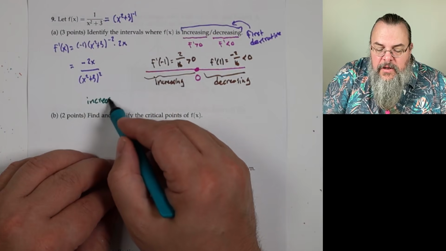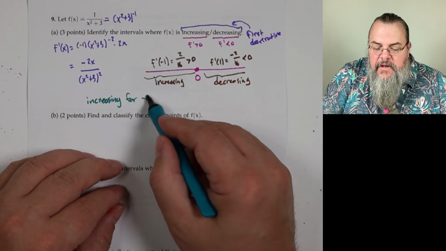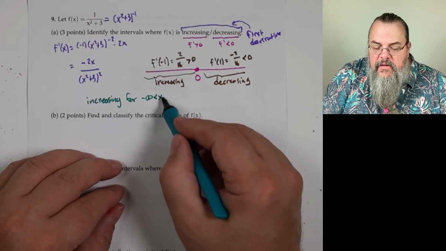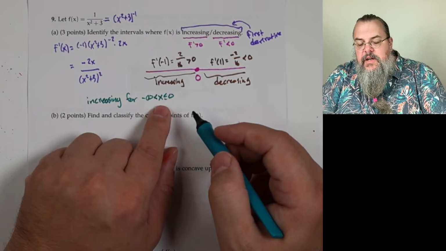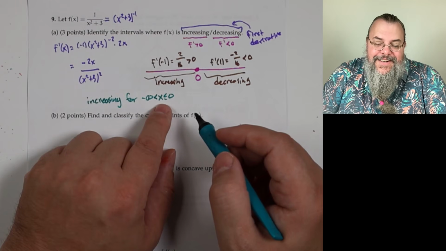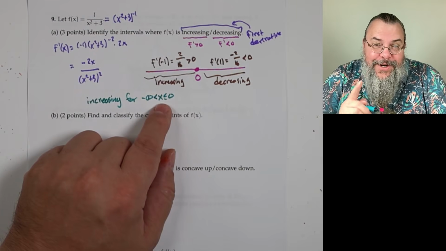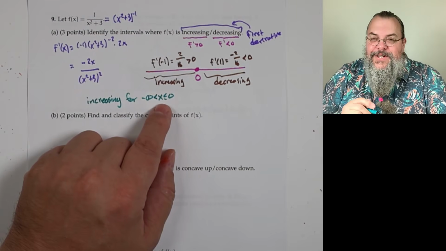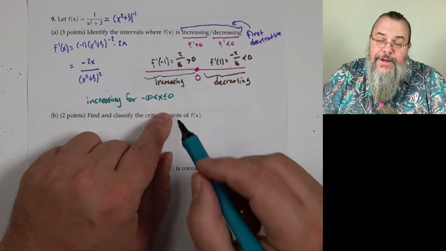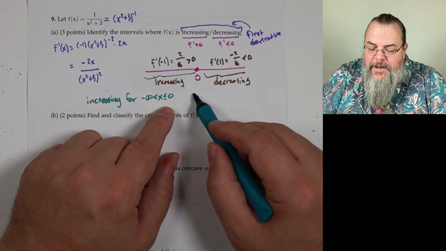We are increasing for negative infinity less than x less than or equal to 0. Here's the controversy. Do we include 0 or not? Technically, there's a strong argument to be made that yes, you include 0, but some people say no. We're going to give you points either way, so don't worry about it.